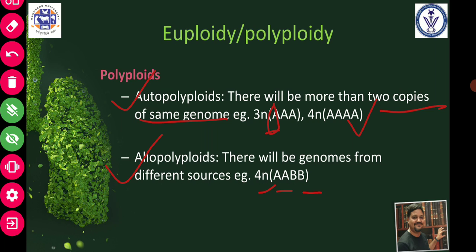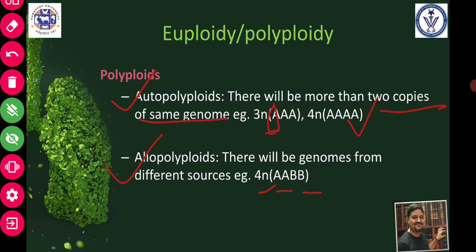Autopolyploidy is mainly observed in plants or even insects, but in animals the condition is very rare. Similarly, allopolyploids are also not common in animals.